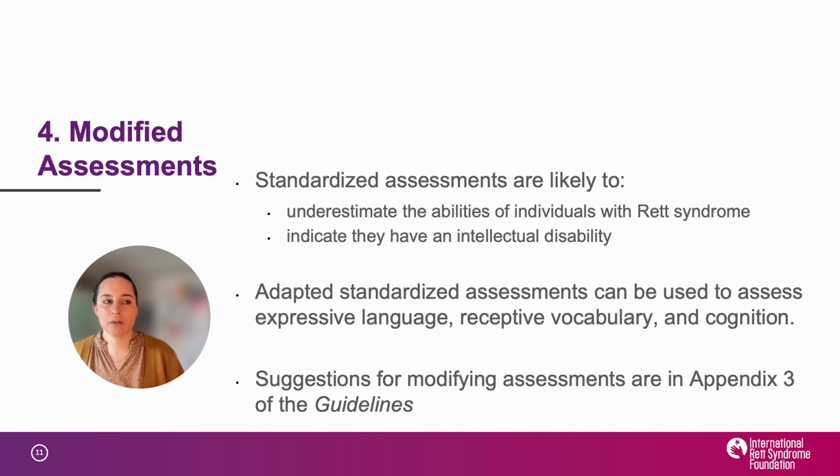Or we're going to look at an example of using eye tracking for the PPVT. But thinking about how to make the assessment accessible to accommodate the communication abilities that the person has. And there are many more suggestions on modifying assessments in Appendix 3 of the Communication Guidelines, and then we'll look at 2 examples in a bit.